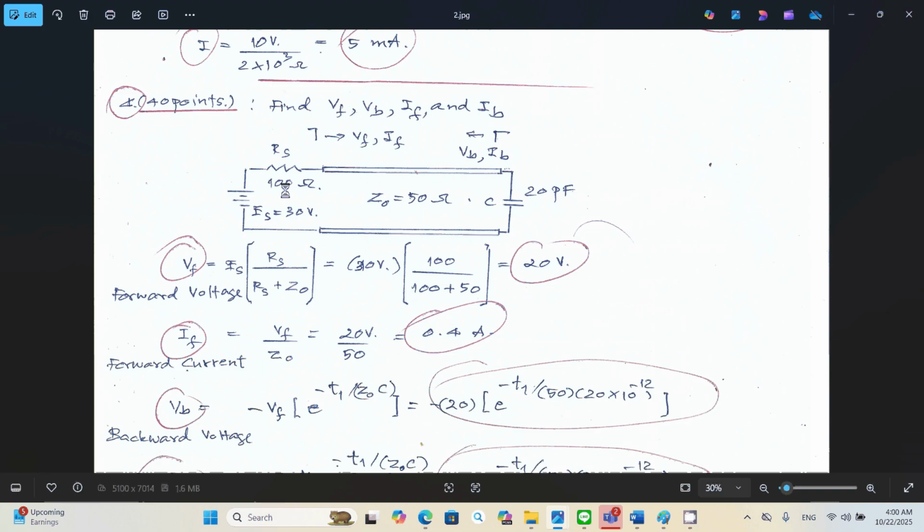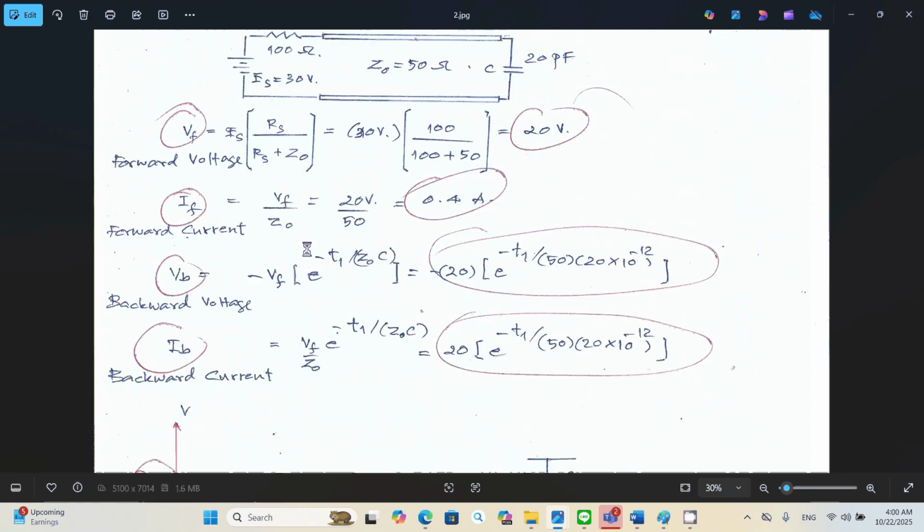In this case, RS is not equal to Z0, so you need to do the voltage divider. That's ES multiplied by RS divided by RS plus Z0. You end up with the forward voltage, that's 20 volt. For the forward current, simply you go VF over Z0, and that ends up with 0.4 amp.